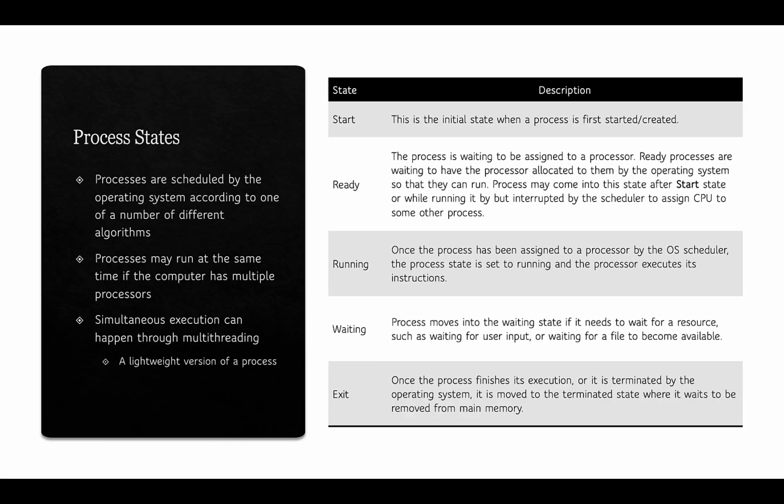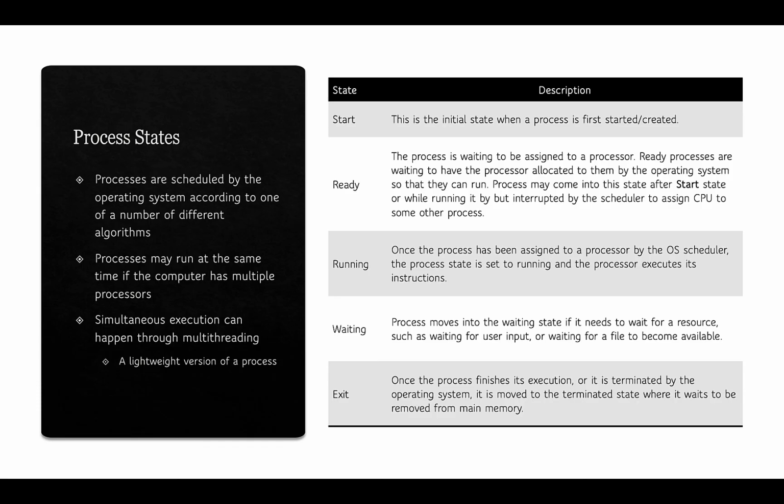We can also do this through simultaneous execution through multi-threading of an application, so that's a lightweight version of a process. And of course, CPUs also have the concept of a hyperthread, which allows multiple threads to run at the same time. It's sort of a lower level simulation of having multiple processors.